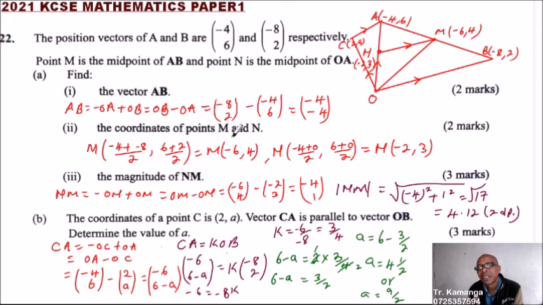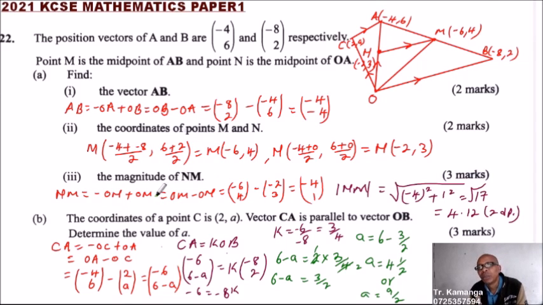So you are taught vectors in form 3. This is a question where you need to apply that knowledge. In section 1, you need to know what position vectors are. These are vectors from the origin. You also need to know how to find the coordinates of a midpoint, which you learned in form 2.